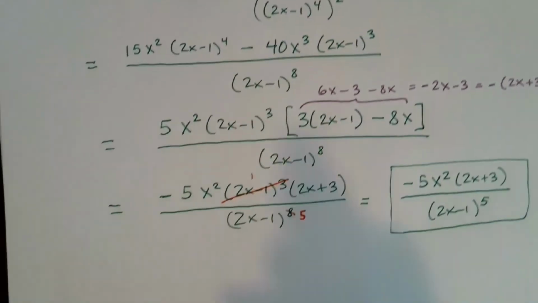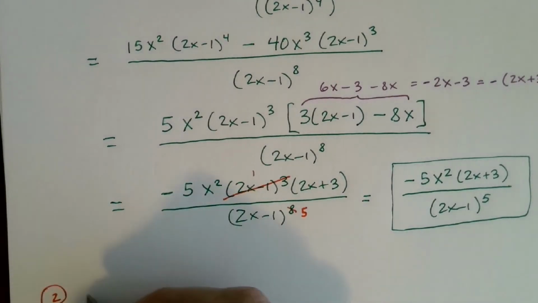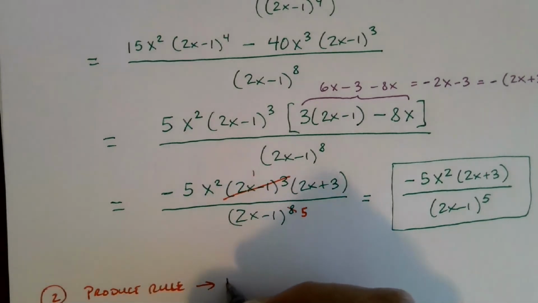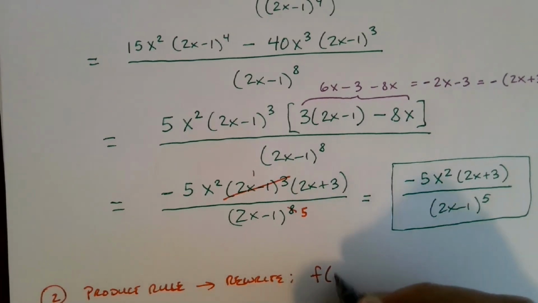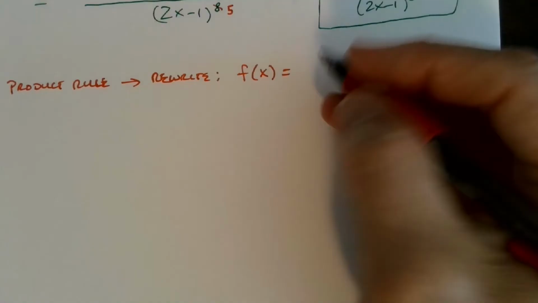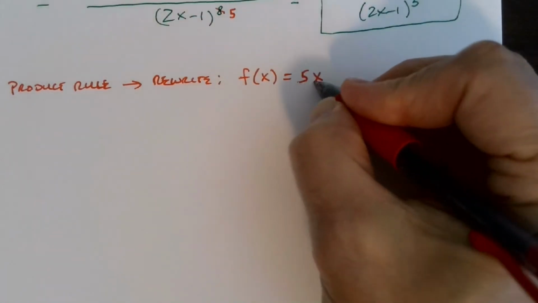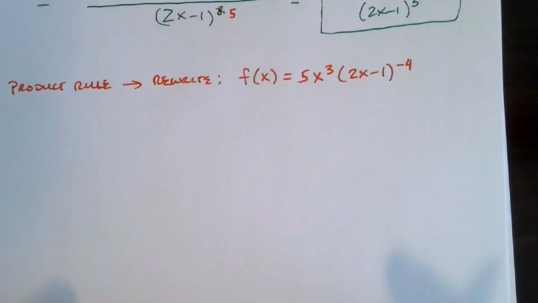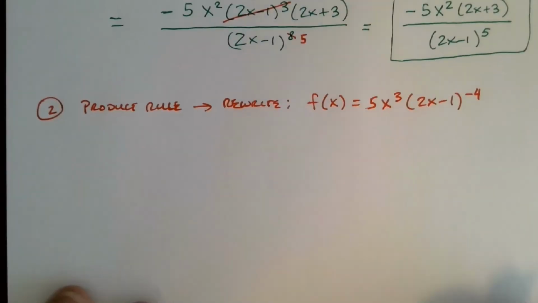So I can multiply. So method 2 here, product rule, I have to rewrite f of x as 5x cubed times 2x minus 1 to the negative 4th. Okay, so now it's just product rule, which is a little bit easier.